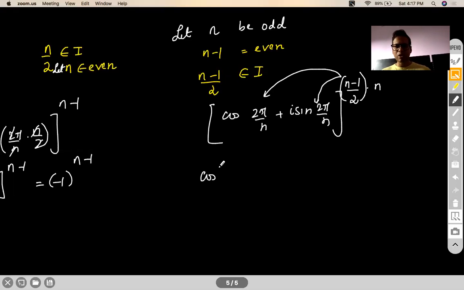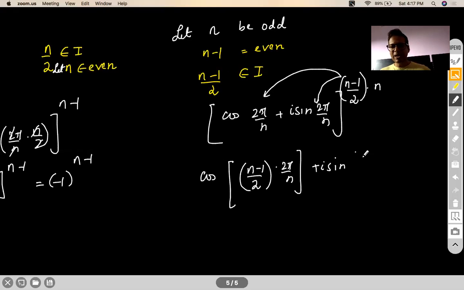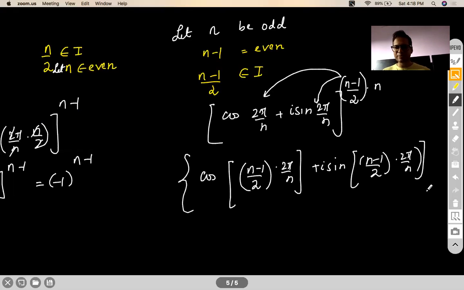So this will become cos of n minus 1 by 2 into 2 pi by n, plus i sine of n minus 1 by 2 into 2 pi by n. And outside, n is waiting.